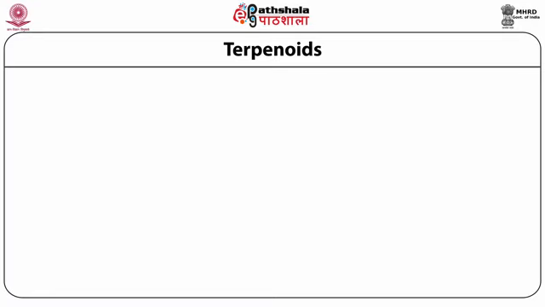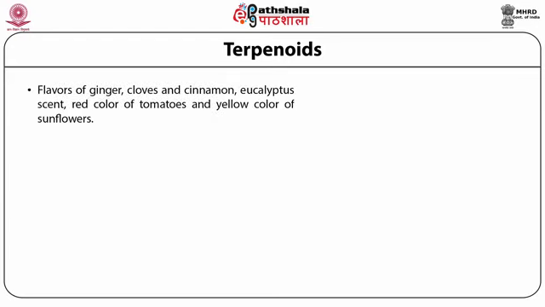The aroma and the flavor of ginger, cloves and cinnamon, eucalyptus scent, red color of tomatoes, yellow color of sunflowers, they are of immense importance in folklore medicine.